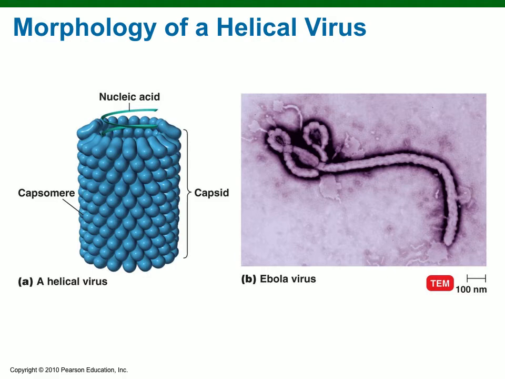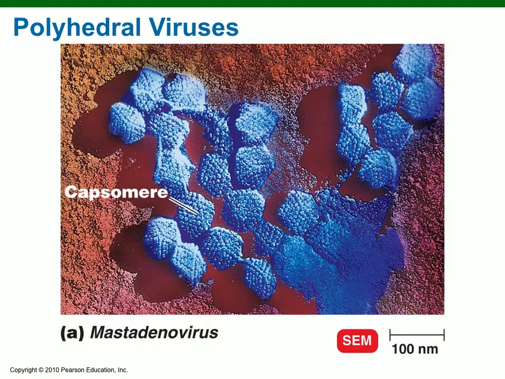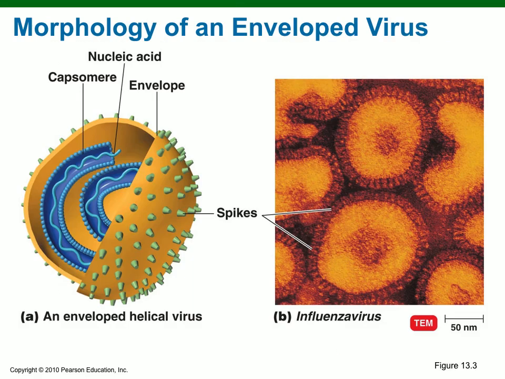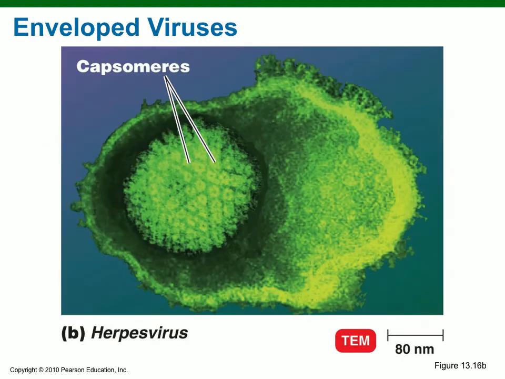That's Ebola virus there. There's another polyhedral virus, and it gives you a size bar there. These are all pictures with electron microscopes or diagrams. And here's another enveloped virus, influenza virus, and there's herpes virus. These are really small, 80 nanometers.